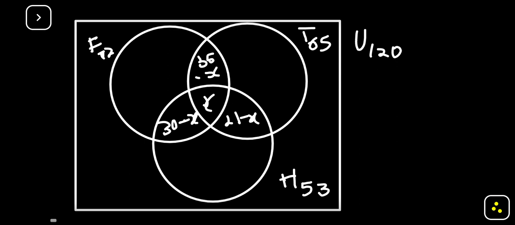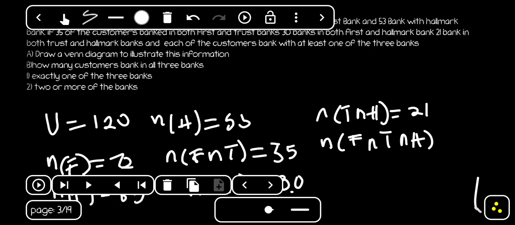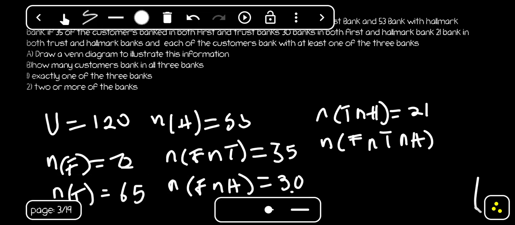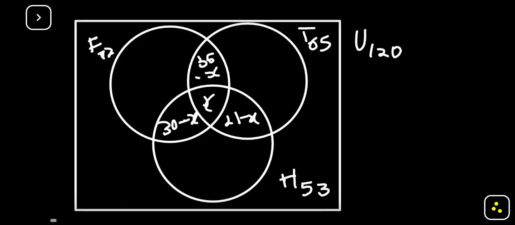While we're writing this, let me check the information first. First and Trust is 35. First and Hallmark is 30. Okay, so I'm on track there. We've explained this before. The intersection between First and Trust Bank is 35, which is everything here. But since X is already on the intersection, the sum of this part and the part that is only for First and Trust Bank gives us the 35.